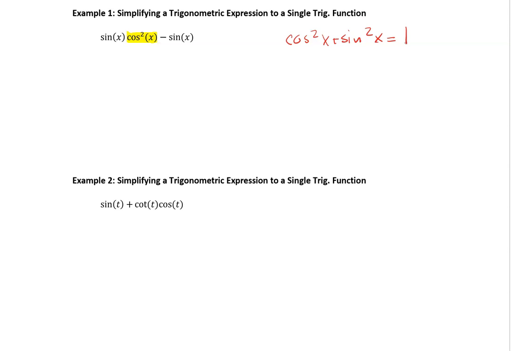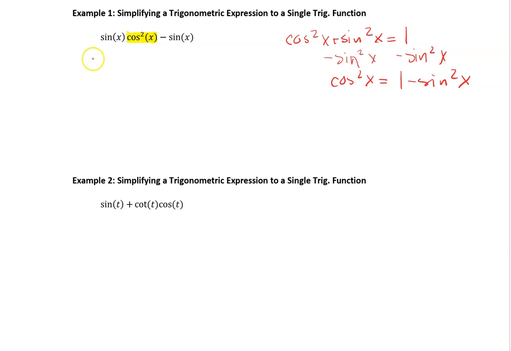If I subtract the sine squared from both sides, I get cosine squared x equal to 1 minus sine squared x. And so now I have a manipulation that I can do to plug in for this.